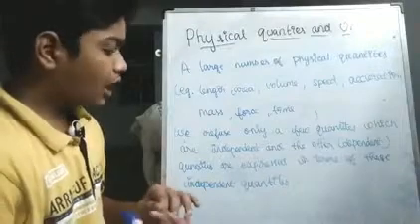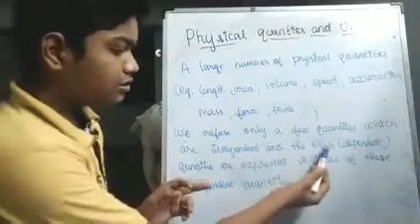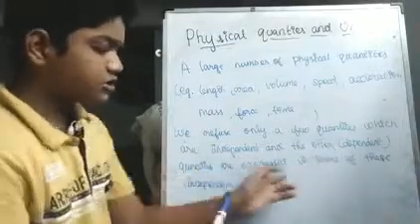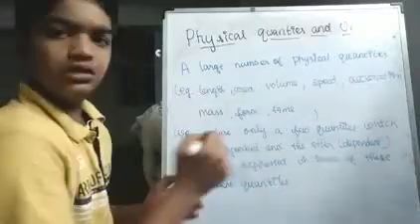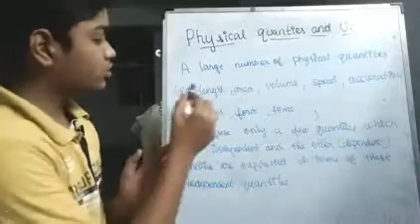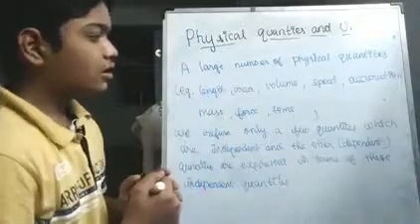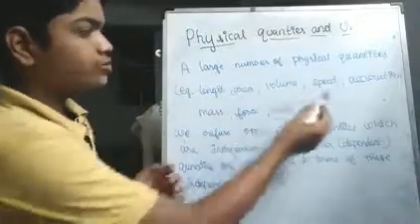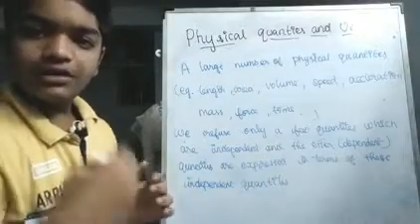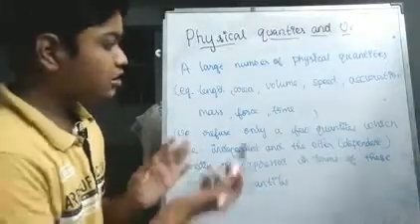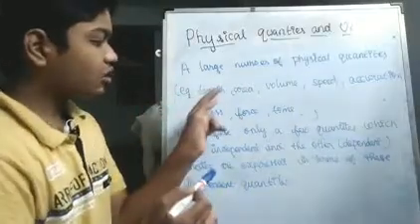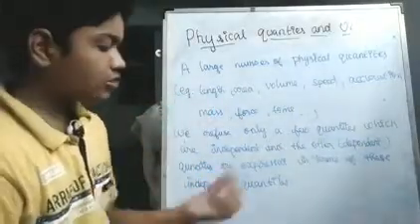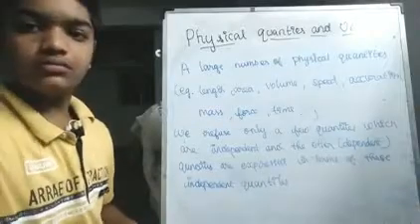It has meter, and other dependent quantities are expressed in terms of these independent quantities, such as area is the square of length, and speed is length per time. These are dependent on the independent quantity, so they are called dependent quantities.